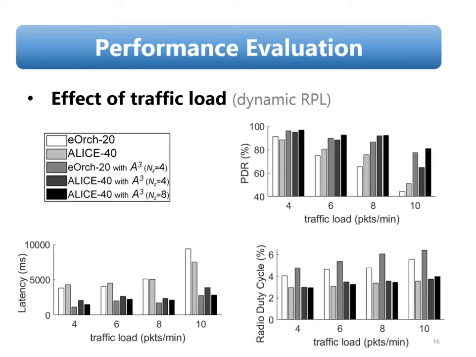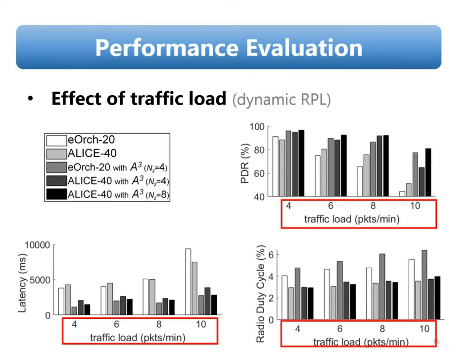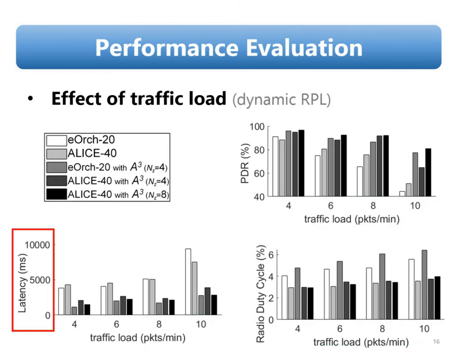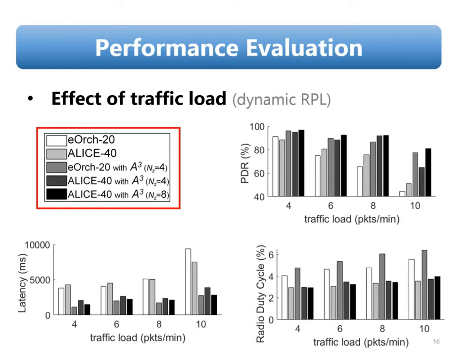We fixed the slot frame length that best fits Orchestra Analysis and increased the traffic load from 4 to 10 packets per minute. The Y-axis represents PDR, latency, and radio duty cycle. We compared the performance of Orchestra Analysis without and with A-Cube. We used two maximum zone numbers, 4 and 8.